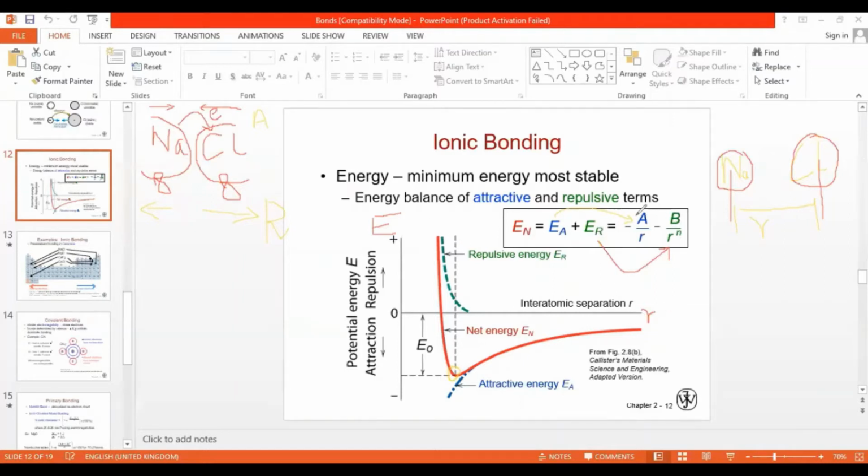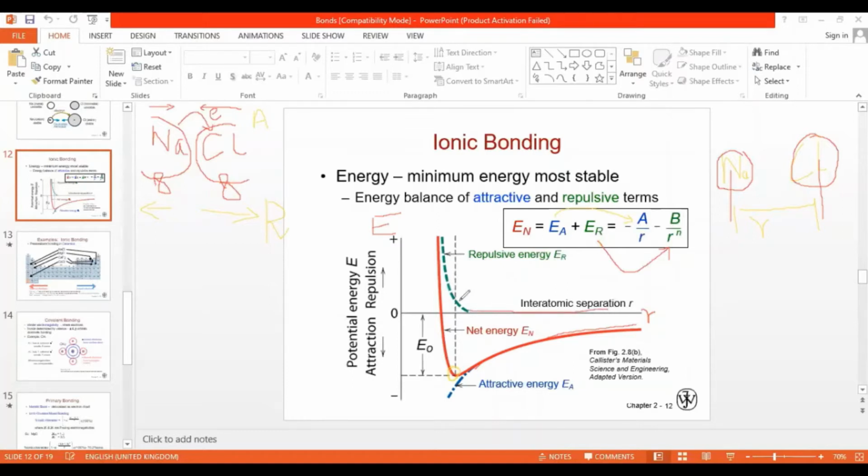The attraction energy graph is minus A upon R, so this blue dotted line is the graph, and it will go like this. And the repulsive energy equation is minus B upon R to the power n. If you draw that graph, it will go like this.